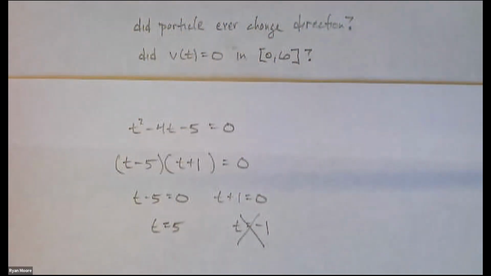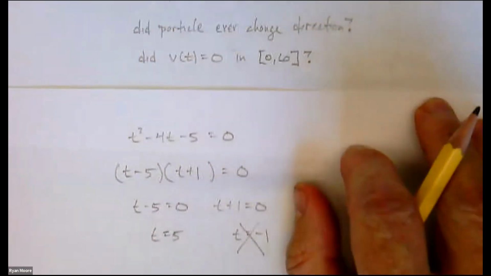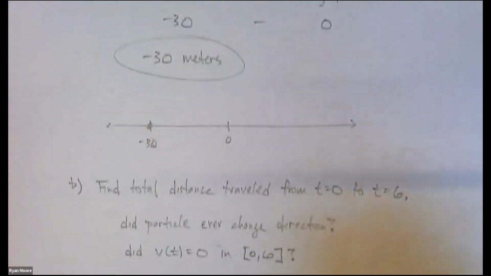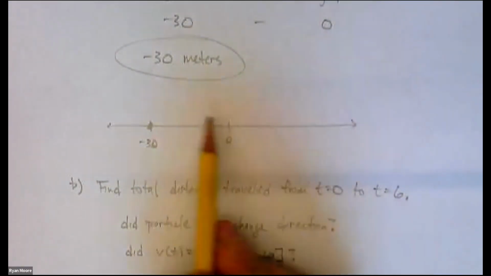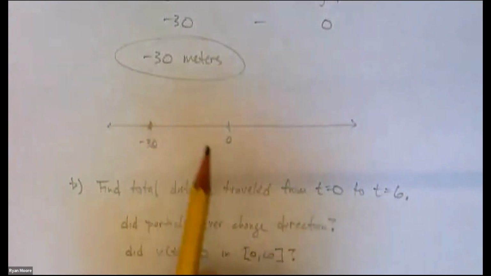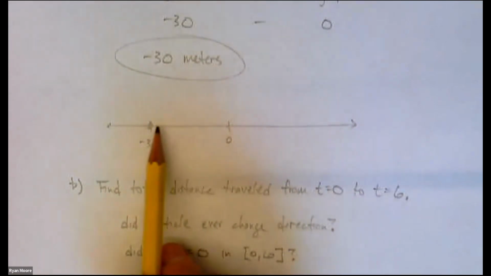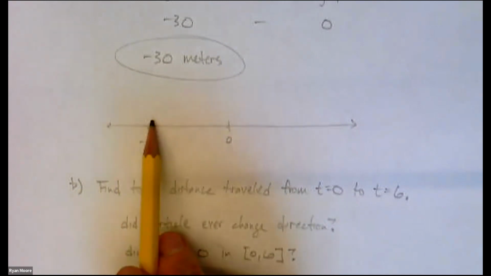Ooh, interesting. Now, here's the thing. We don't know what happened. Did it go this way for the first 5 seconds and then go all the way back this direction in the last 1 second? Maybe more likely it went this way for 5 seconds and then turned around for that last 1 second. It doesn't matter. We don't really need to know. What we're going to do is find this.